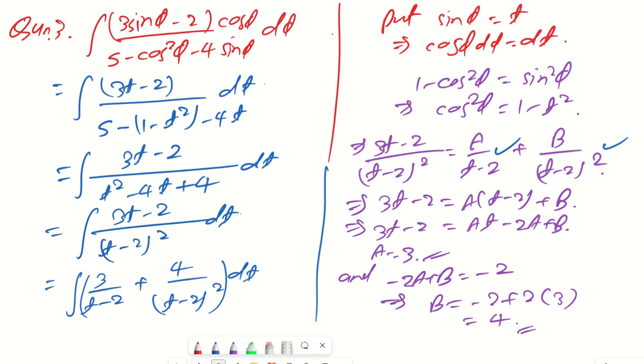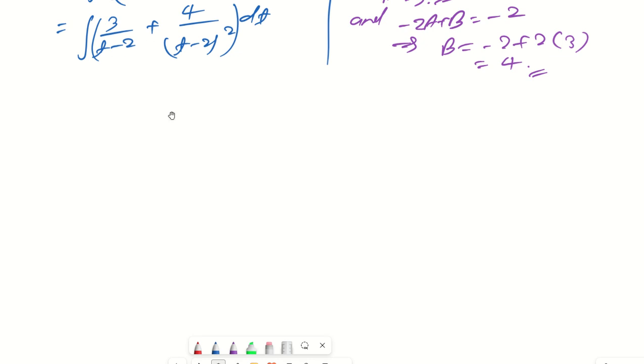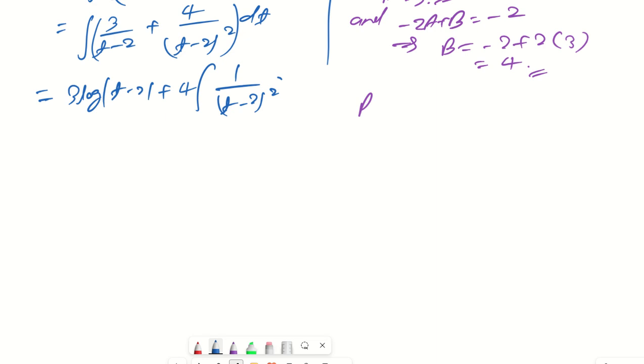So let us quickly solve that. This is my final integration that we have to solve. The first term, integration of 3 by (t minus 2), is going to be 3 times log of (t minus 2), plus 4 times integration of 1 by (t minus 2) whole square dt.